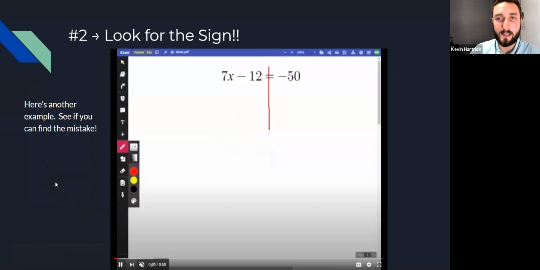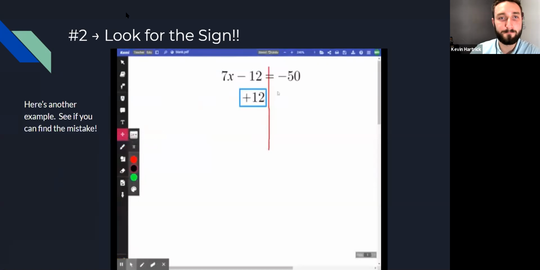Let's take a look at another example of looking for the sign. See if you can find the mistake in this example.